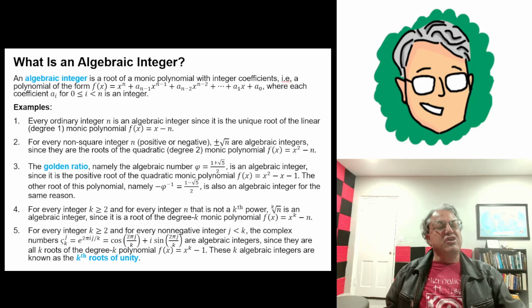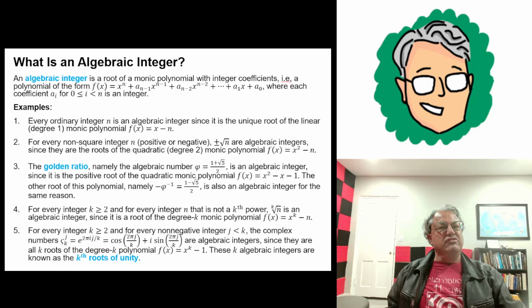I don't really have a picture on this slide, but the pictures look kind of nice. These are complex numbers, and most of them are imaginary, and they all lie on the unit circle, and they're all equally spaced. They form a regular k-gon, and that's what's interesting about them.